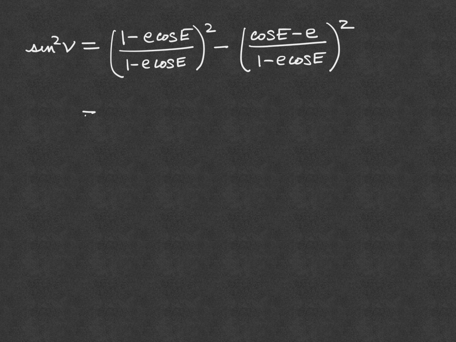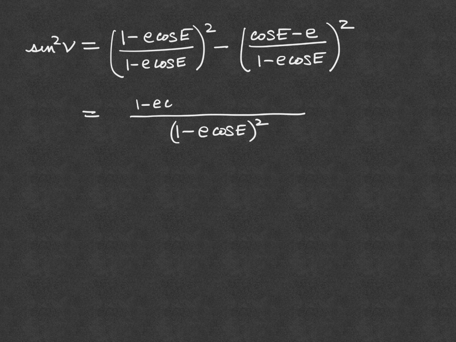Now if I put this over a common denominator, the denominator is (1 minus e cosine E) squared. The numerator is (1 minus e cosine E) squared minus (cosine E minus little e) squared. Now we're going to manipulate this last expression.